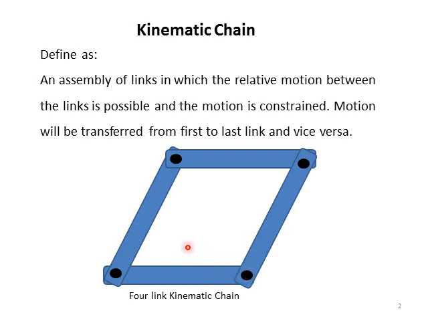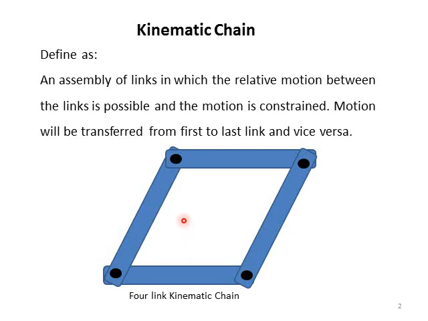So how many pairs can you have here? The first pair is this and this link. The second pair is between this and this link. The third pair is between this and this link, and the fourth pair is between this and this link. So what will happen if any of the links is moved?